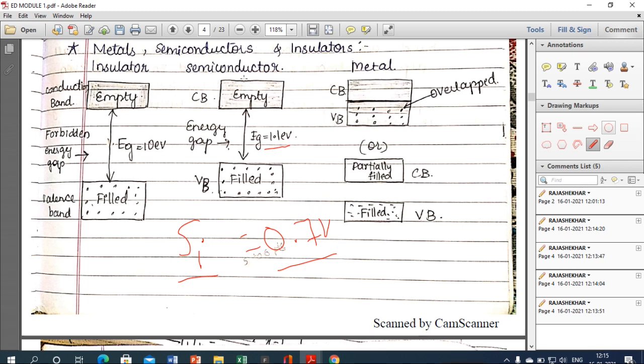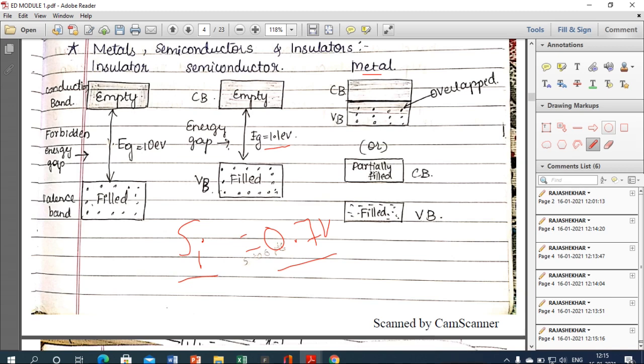So this is about semiconductors, which are made up of p-type and n-type material. The last is metal. In metals, the valence band is overlapped with the conduction band, or the conduction band is already partially filled with electrons.